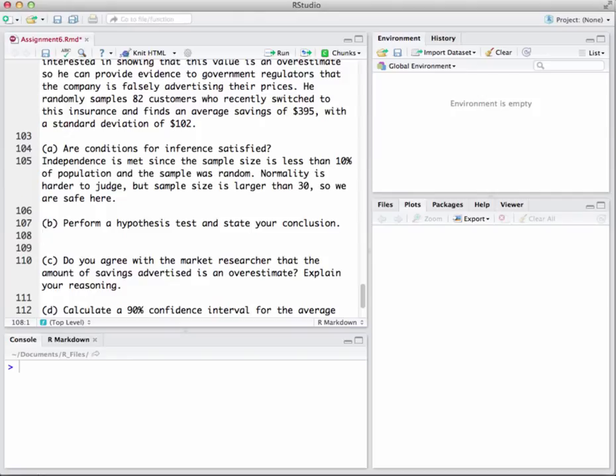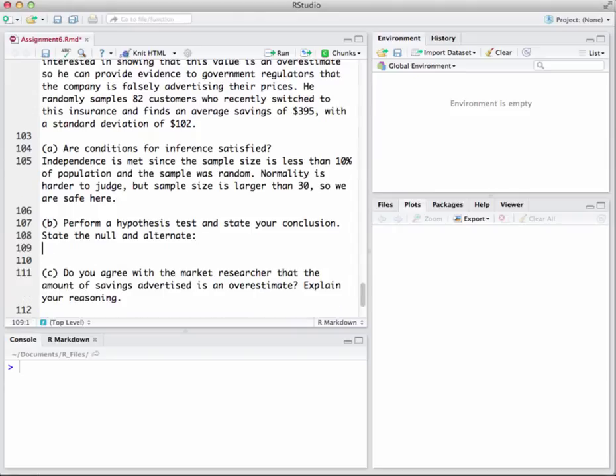So the first thing, always, is we want to state the null and the alternate hypotheses. That's just always the beginning. We're going to do those both in words and in symbols. So our null hypothesis is going to be given by what?